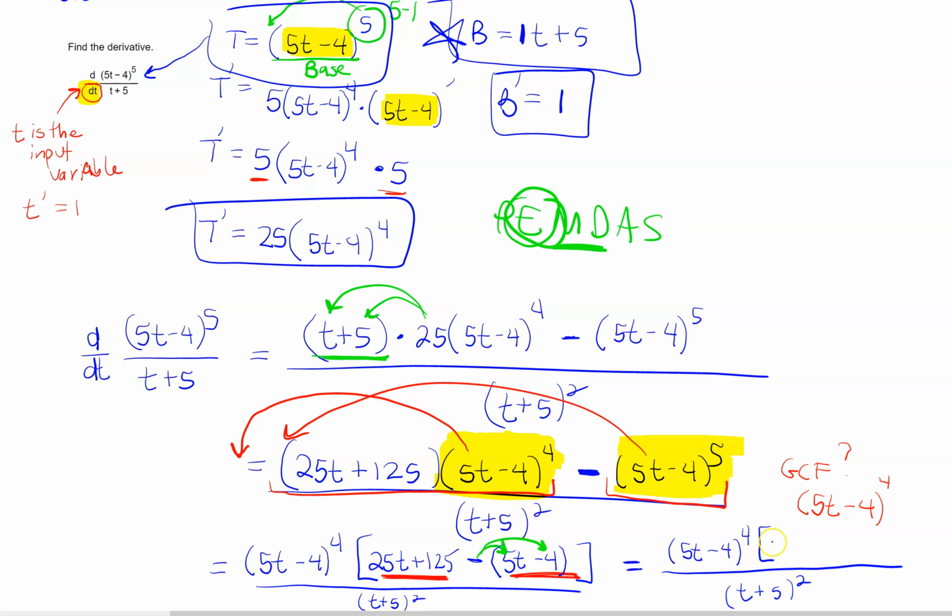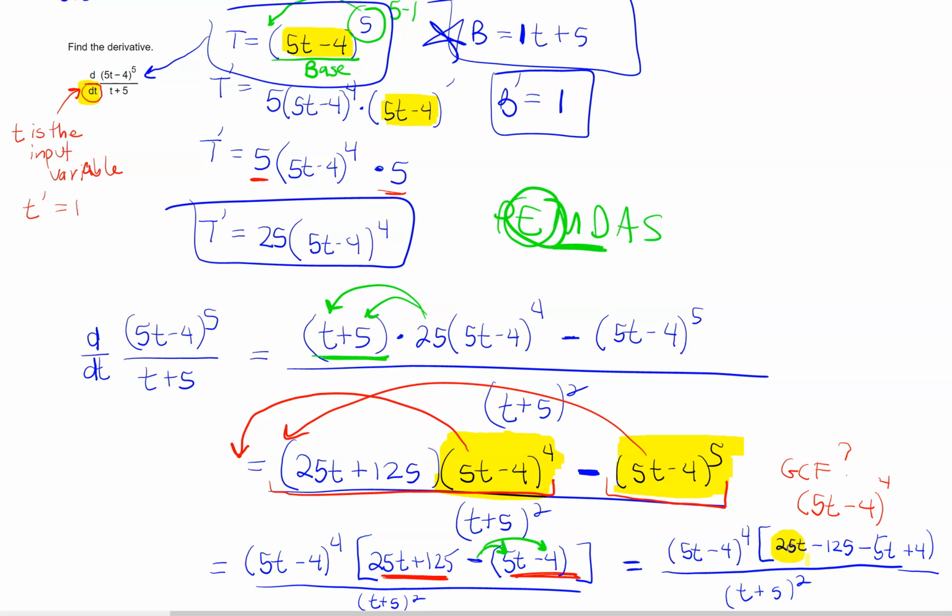So we have 25t minus 125 minus a 5t plus a 4 when I distribute that subtraction. And then we'll just combine like terms to clean that up.